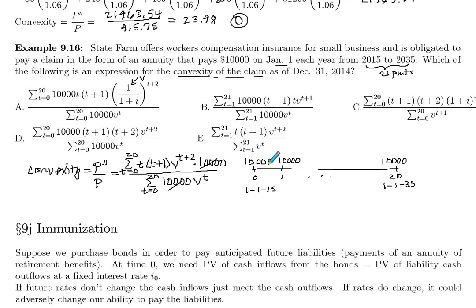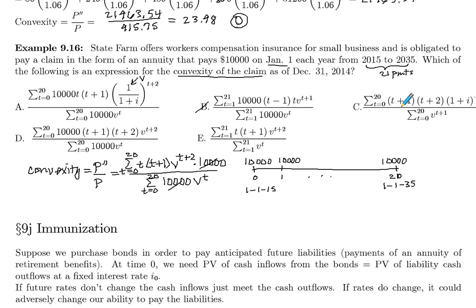That first $10,000 payment has no discounting, but this one is discounted by v. Okay, so 10,000 brought back 1 period. So now these would have been equivalent. The top is equivalent. They would have been equivalent if down here instead of t they would have put t minus 1. So that guy's out.